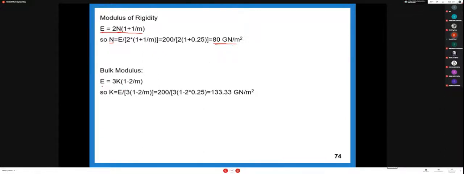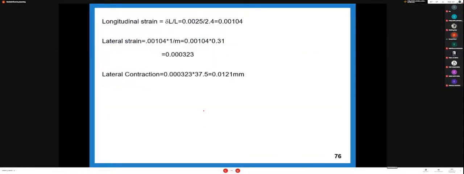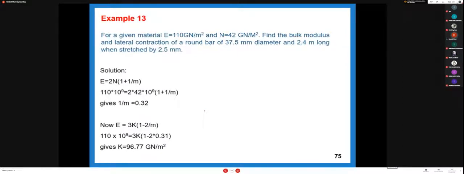And using the relations between E and K, you have to find out the K. So in that way, you have to solve all these problems, which are only based on these equations. You have to just put the value in those equations, so you get the answer.